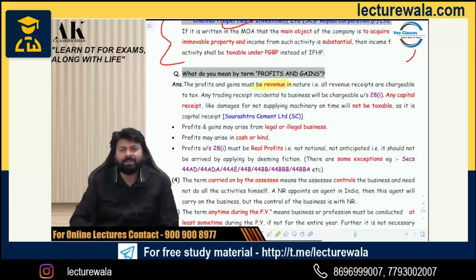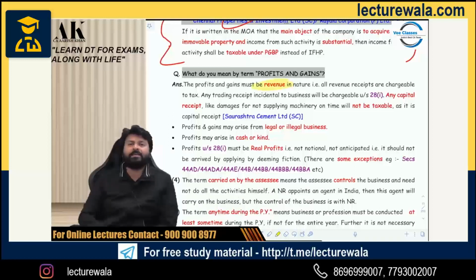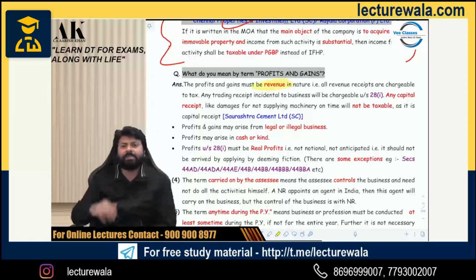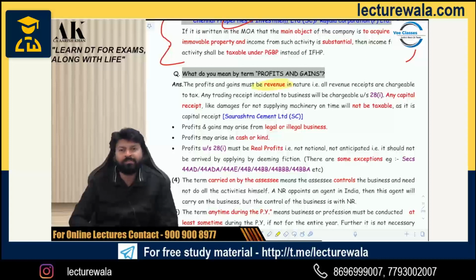Please remember that I am not promoting illegal things, nor is the government. Nor am I saying, nor is the government saying, that do illegal things and pay tax to us. No. They are saying even illegal activities will be subject to tax if it is caught, obviously. If it is caught. Now, every illegal business is not caught. If the government is catching anybody doing any illegal business, if they come to know they have earned some profits out of illegal business, you have to pay tax on that also.